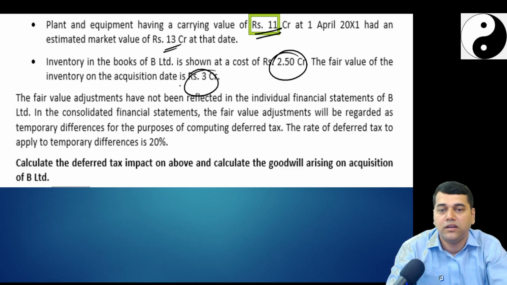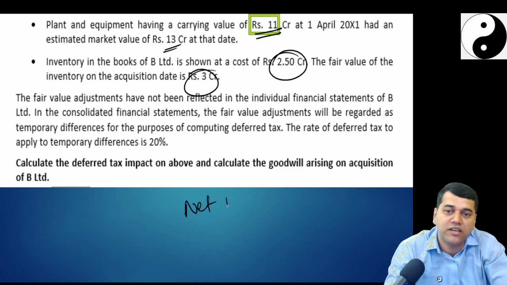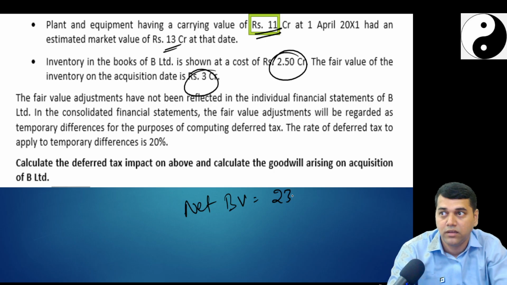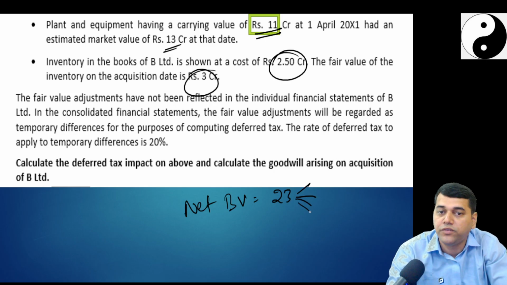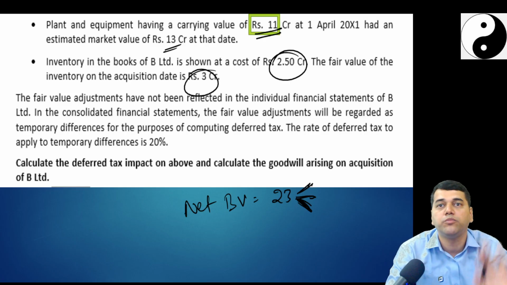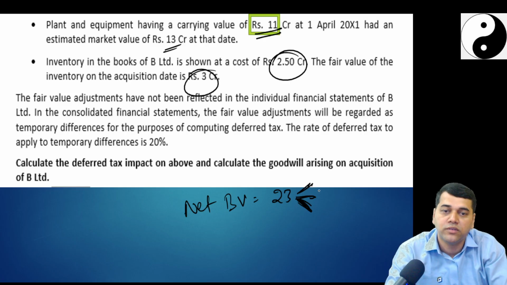That means total net book value is 23. Have they told me the breakup of this? No. But they told me one thing. There are 3 items whose fair value was not equal to its book value: property, PPE, inventory.